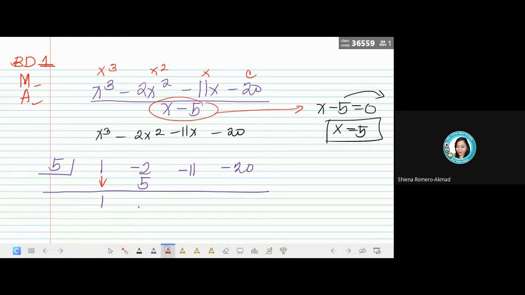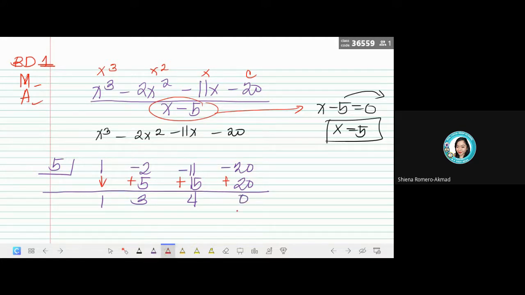And then, add. If you add this, ano yung magiging sagot natin? Positive 3. So, 3 times 5 is 15. Then, we will add. So, we have here positive 4 as the answer. 4 times 5 is 20. And then, add. This will make it 0.